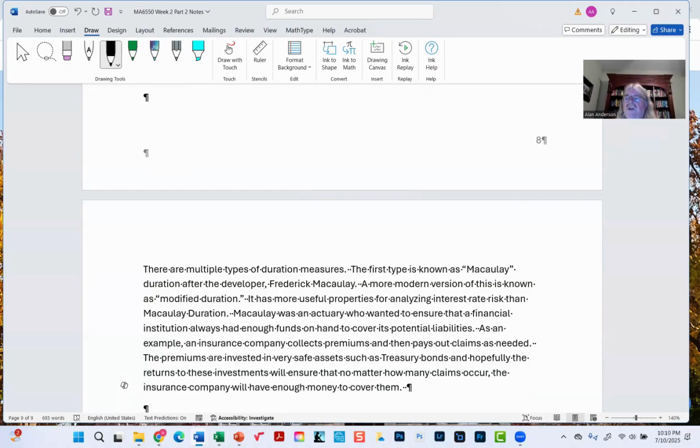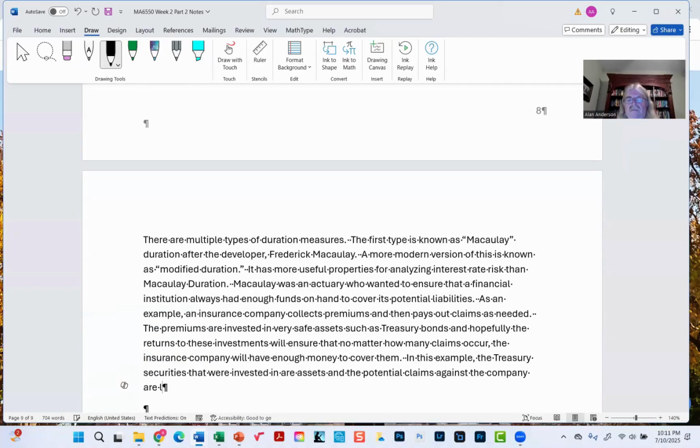So in other words, what you're trying to do is say, in this example, the invested premiums or the treasury securities that we're invested in are assets, and the potential claims against the company are liabilities, meaning that we potentially could have to pay out money.